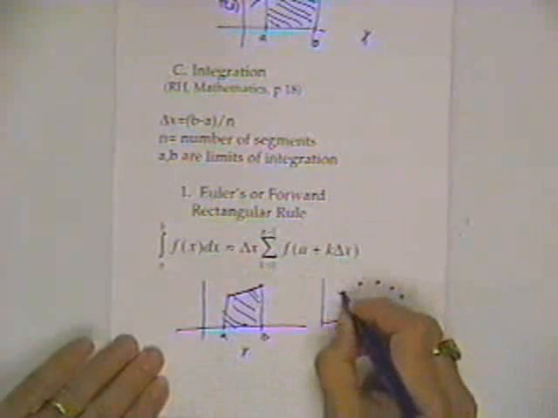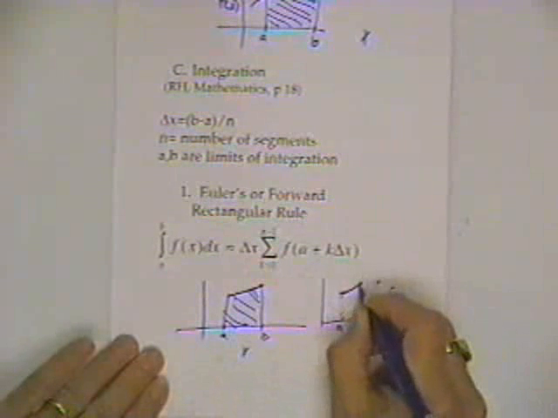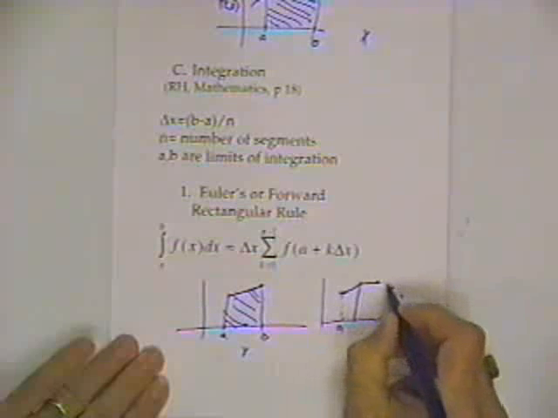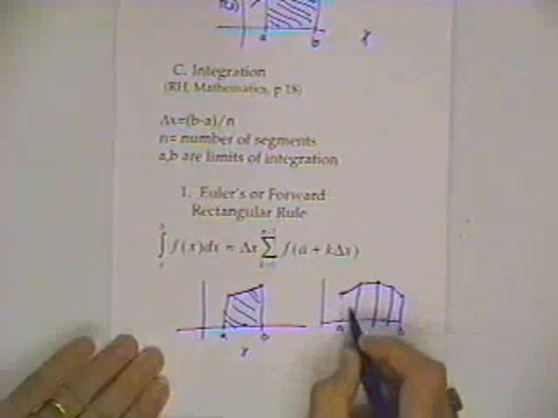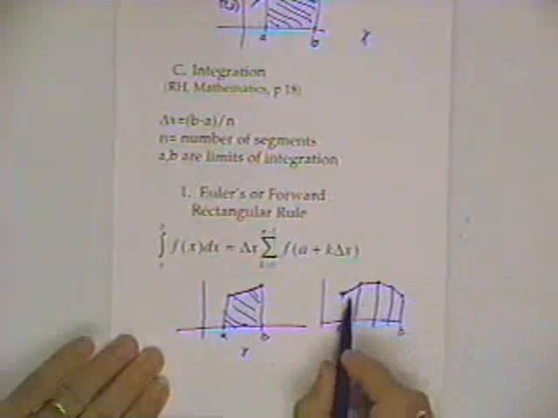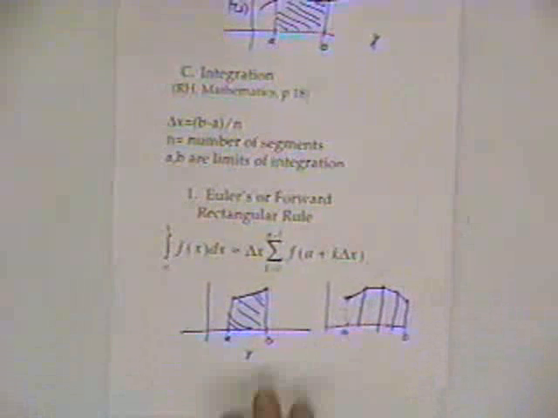So what this is actually doing is calculating the area under each of these sub-intervals and then adding them all up to come up with the area under the entire curve.